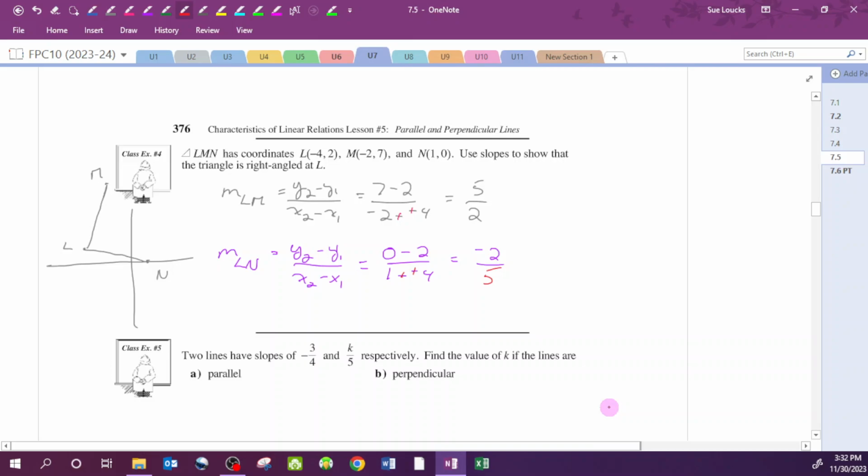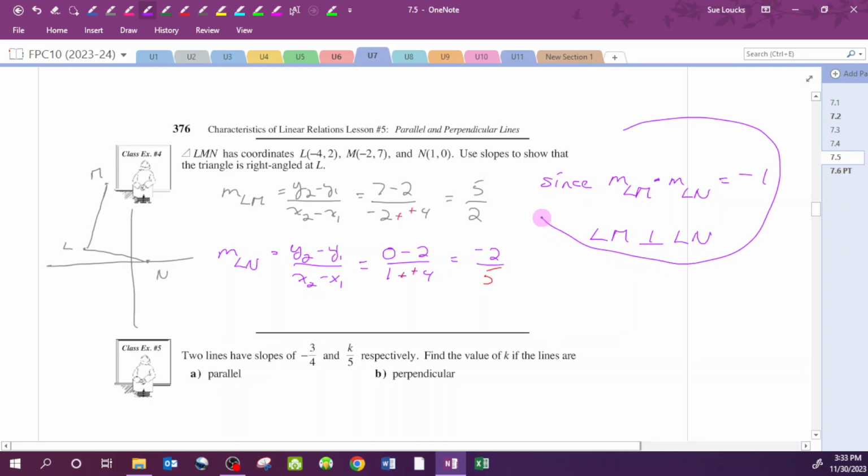Okay, so I can see looking at it that I do have negative reciprocals, but I have to justify it, okay? So I could say, since the slope of LM times the slope of LN equals -1, LM is perpendicular to LN, and that's fine.